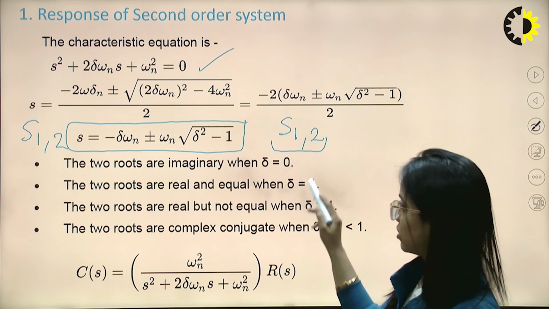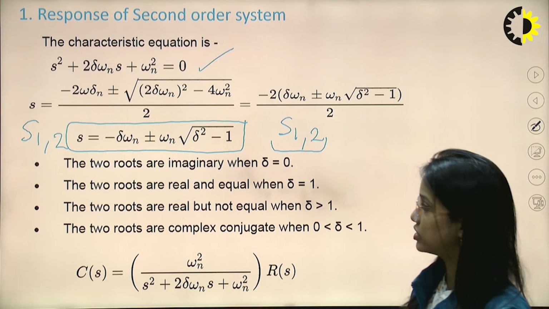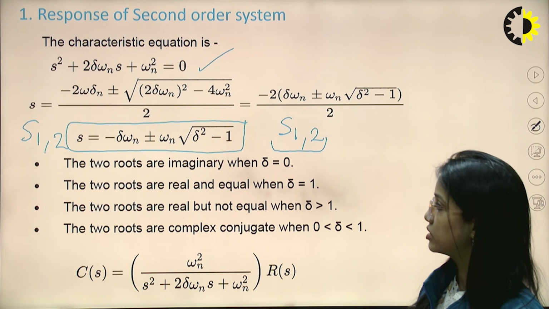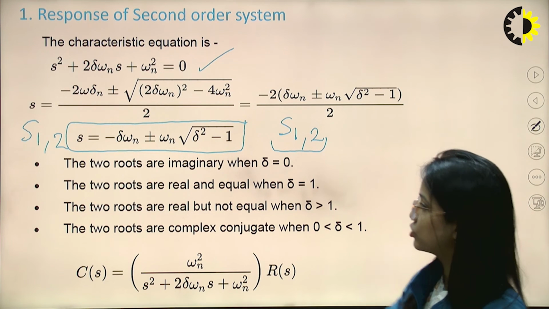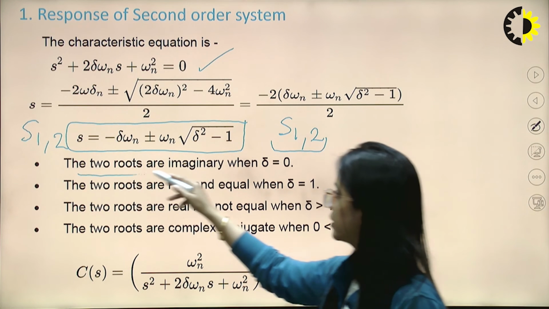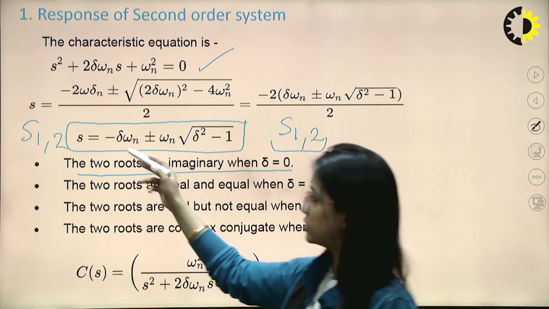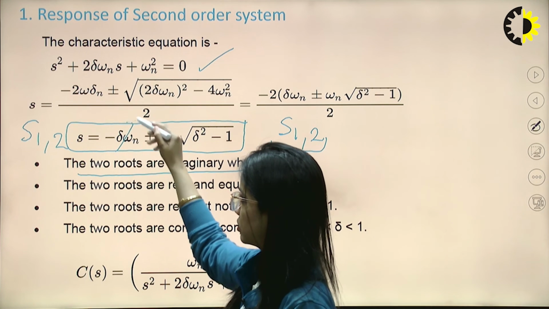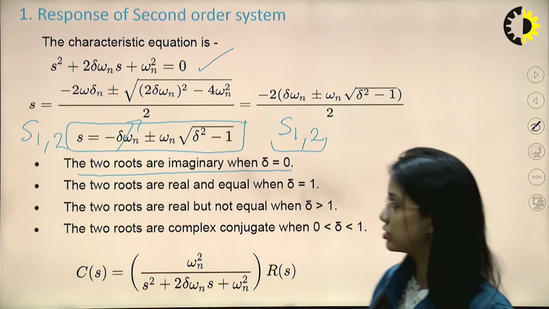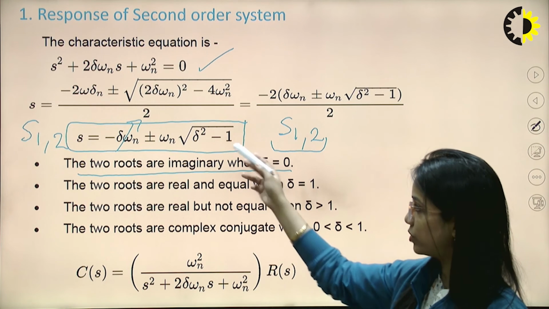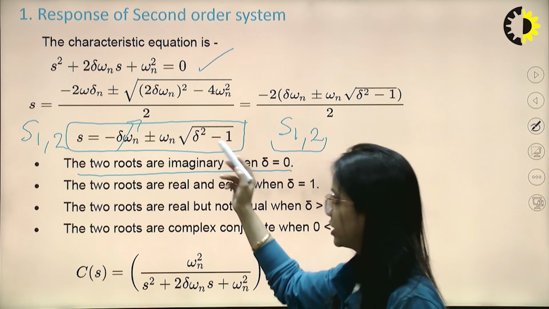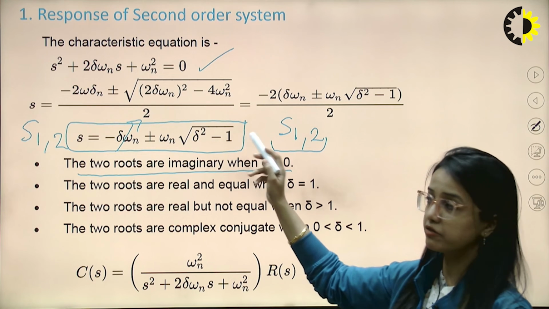So let us substitute zeta as 0. When zeta becomes 0, the two roots are imaginary. This term reduces to 0, and from here we have a negative value within the root.